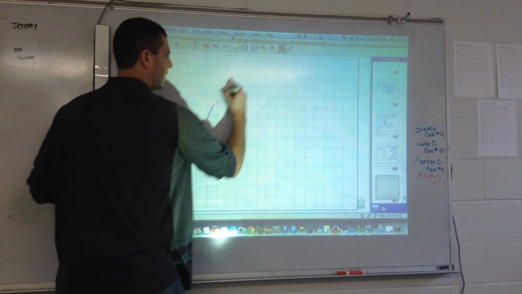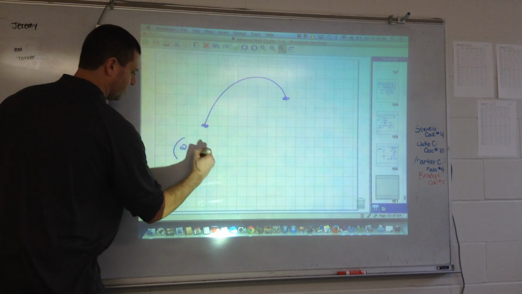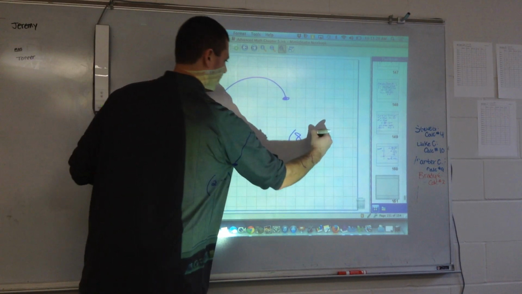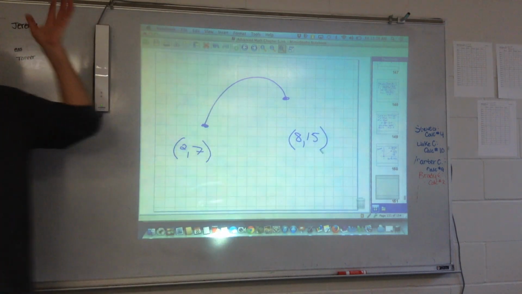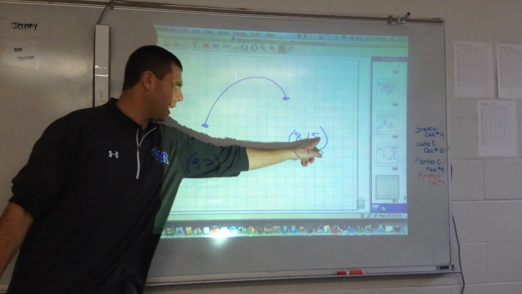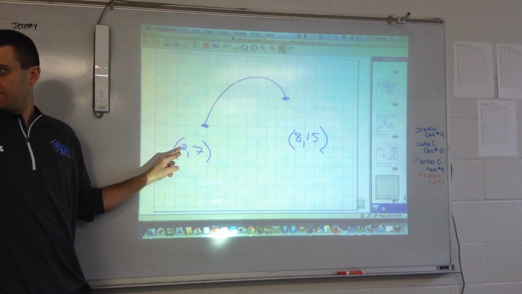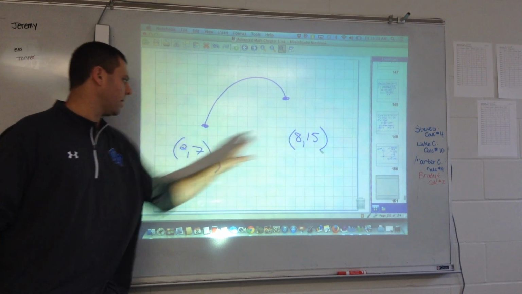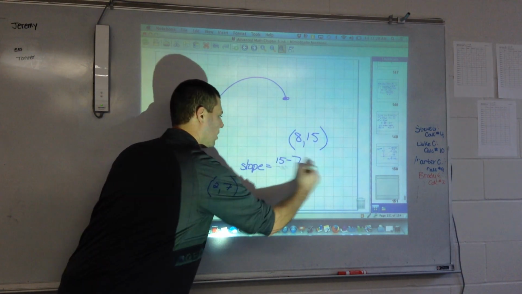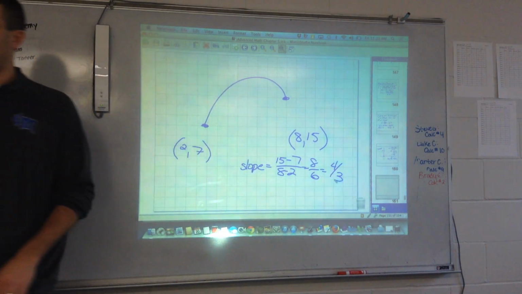Let's say this is some coordinate, 2 comma 7, and this is some coordinate 8 comma 15, just random. If you use your slope formula, y2 minus y1 over x2 minus x1, you get 8 over 6. 15 minus 7 is 8, 8 minus 2 is 6, so slope equals 4/3.